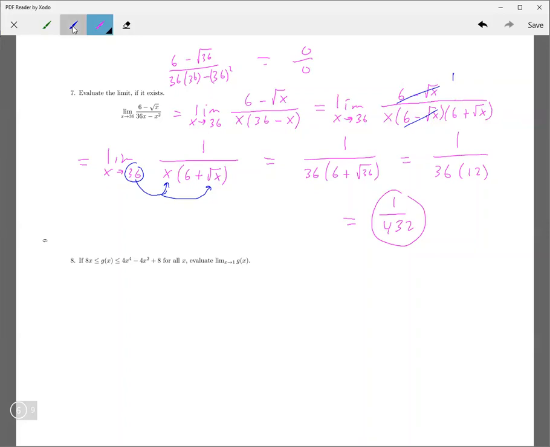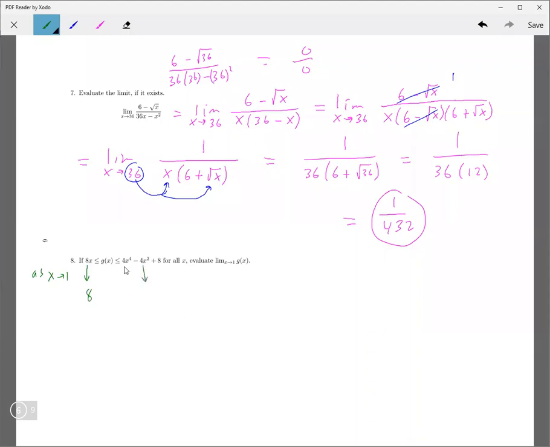Number 8 is a principle that we call the sandwich theorem. If you look at this one, as x goes to 1, this goes to 8, right?